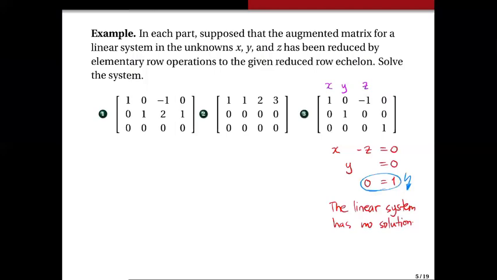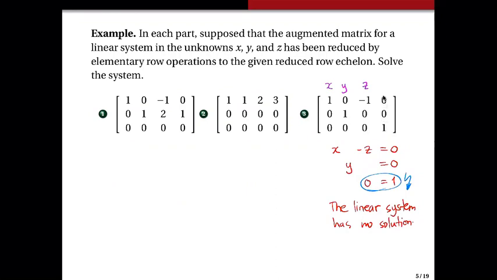Also in here, on the first row, we were able to eliminate y. On the second row, we were able to eliminate x and z. On the third row, we were able to eliminate x, y, and z.